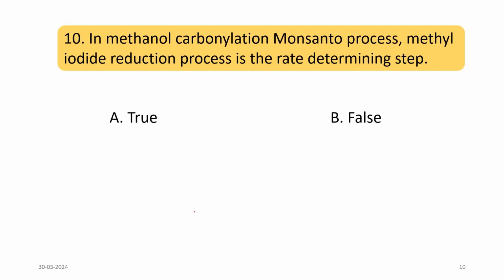Next, in the methanol carbonylation Monsanto process, methyl iodide reduction process is the rate determining step. Is it true or false?